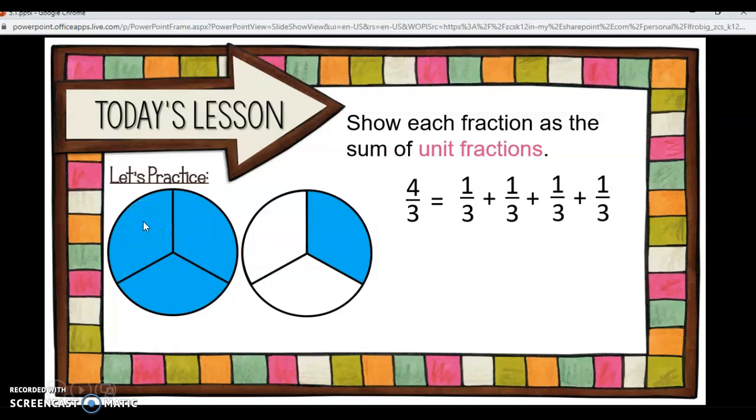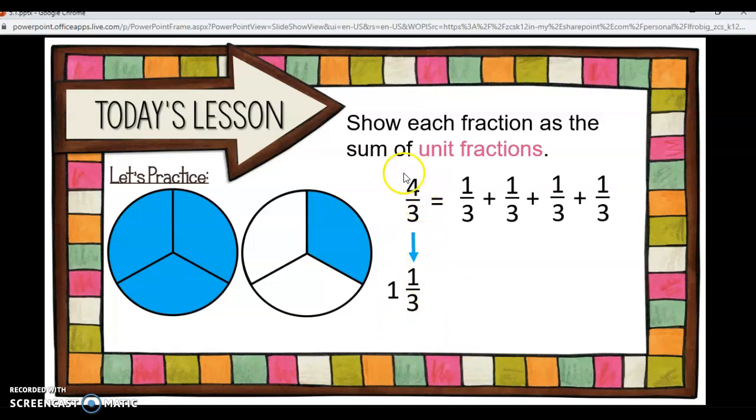And we know 3/3 is the same as 1 whole. And then we have a fraction on this side. So 4/3 is actually going to be written like this as a mixed number: 1 whole plus 1/3. Okay? Same thing. These are the exact same things.